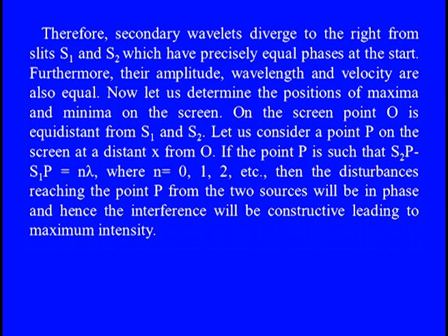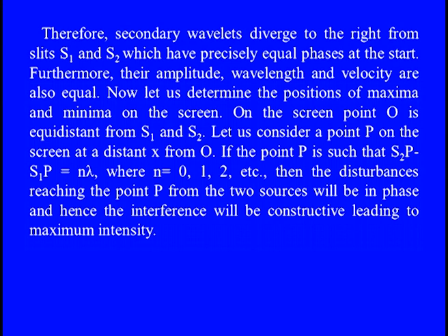Therefore, secondary wavelets diverge to the right from slits S1 and S2, which have precisely equal phases at the start. Furthermore, their amplitude, wavelength and velocity are also equal. Now, let us determine the positions of maxima and minima on the screen.